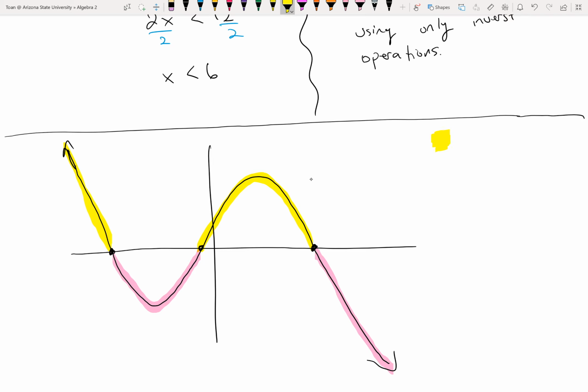Well, if a function is above the x-axis, right, these are the positive values of the function, and the parts that I've highlighted below the x-axis, these are the negative values of the function.